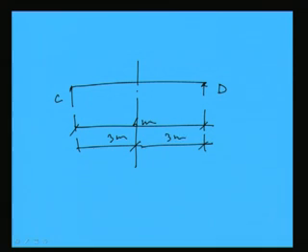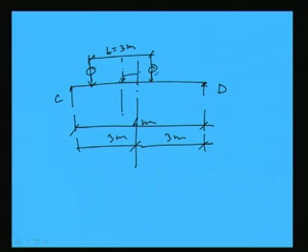Now, wheel load has to be placed in such a way that the CG of the wheel load and CG of the span will be at the middle from one wheel. Say this is the wheel, right. So this is 3 meter, wheel base is 3 meter. So the wheel base CG is here, and CG of the span is here. So the CG of the span has to be in the middle between one wheel and the CG of the wheel loads, right.